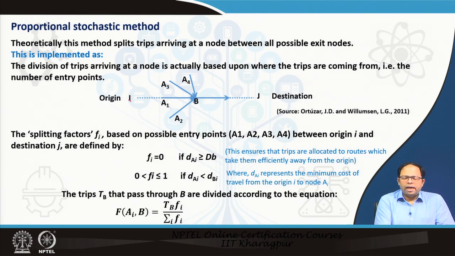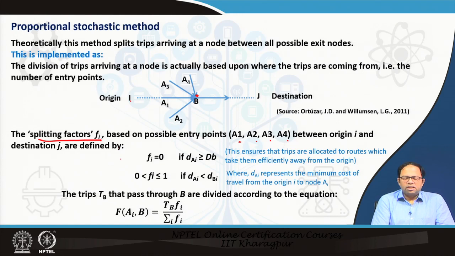So, if I have origin I and destination j, and this is my point B, and trips are arriving from A1, A2, A3, A4, these are the previous nodes, and we divide the total number of trips using something called a splitting function factor Fi. That is how we split the number of trips based on the possible entry nodes A1, A2, A3 and A4 between origin I and destination j.